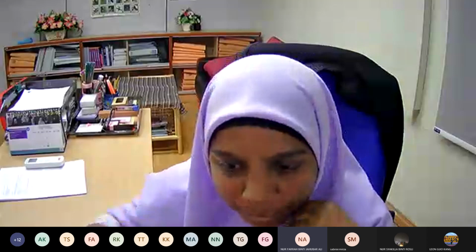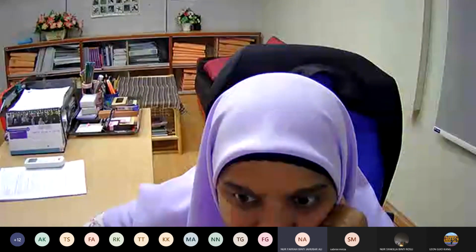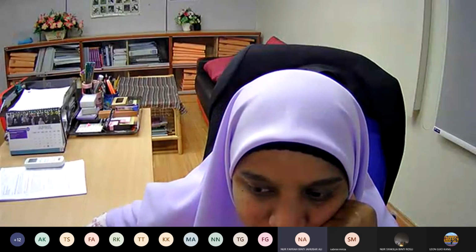Getting the accurate weight of the samples. Farah wants to measure the weight, Shakila wants to prepare the sample, Leon wants to reduce the size of the samples. Okay, who else here?